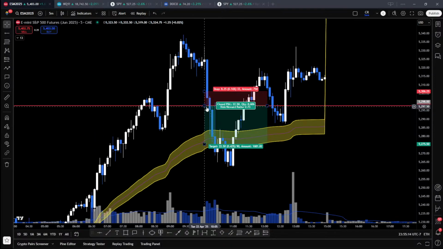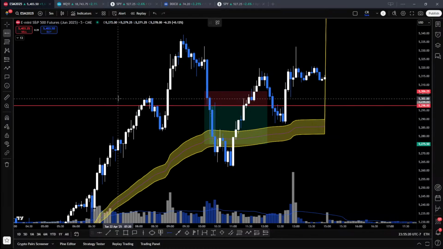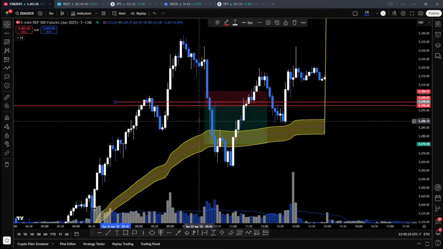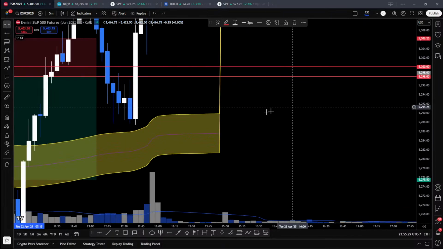But based on what I trade off of, this 298 level looks a lot better. And then you have your Psych 300 level just a little bit above that, which is actually where this would be the cleaner trade, right?